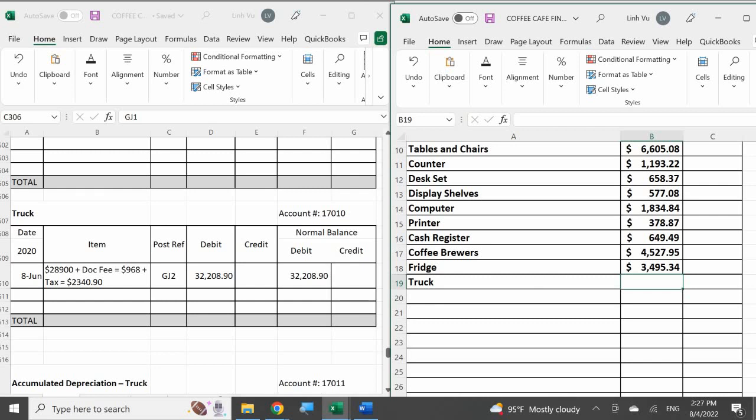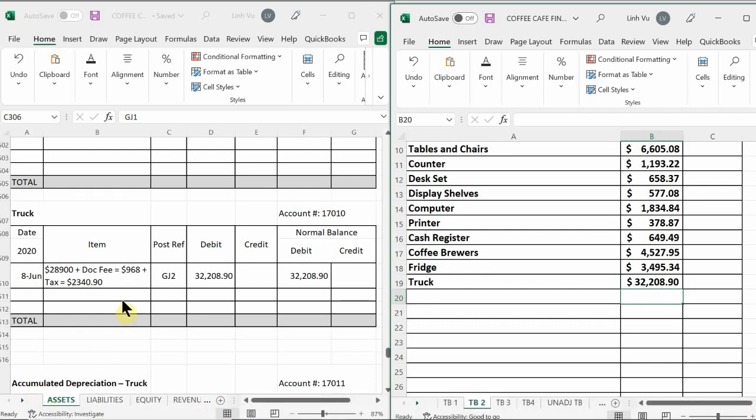That was the loan that we still owe on it. We had to include the fees. So it's 32208.90. Yes.